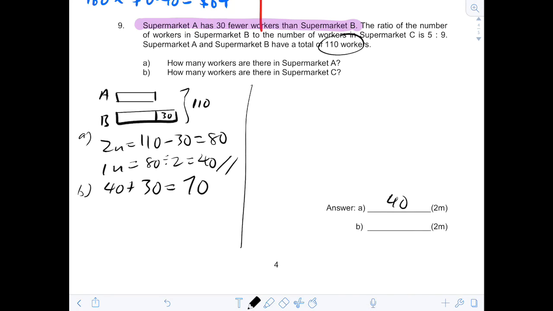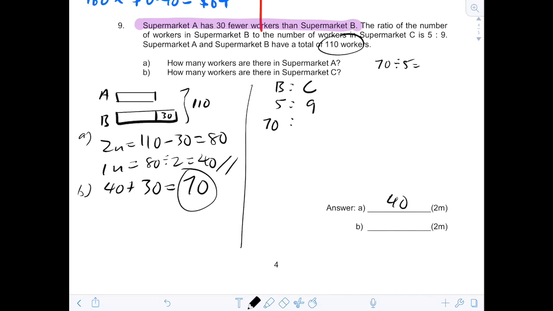And now from here we're going to look at the ratio. The ratio they said here of B to C is 5:9. And here from part B we can see that supermarket B has 70 people. So from here all we need to do is fit in the 70 people here and try to find how we get the numbers for C. So from 5 to get to 70, we got to find what's the multiplier.